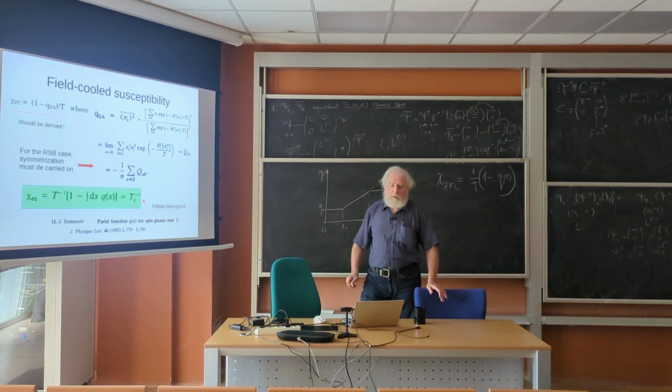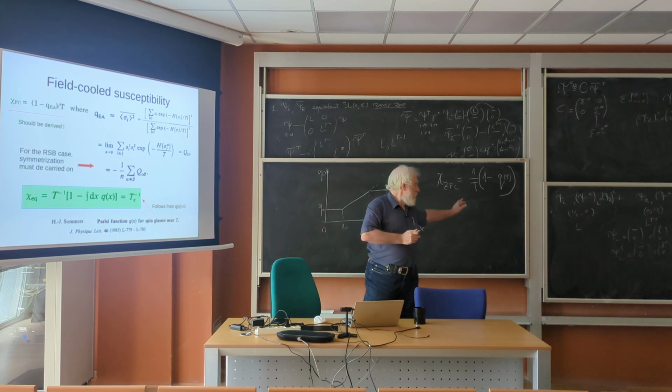Now, with field-cooled magnetization, the story is crucially different. We start by applying a magnetic field and then we cool. It means that depending on the value of this magnetic field which we used, the system will choose some different metastable states during its cooling. So the presence of many possible metastable states will affect the final result.